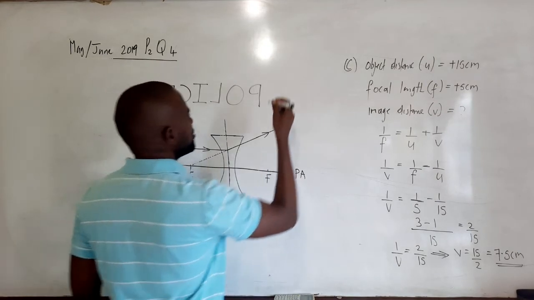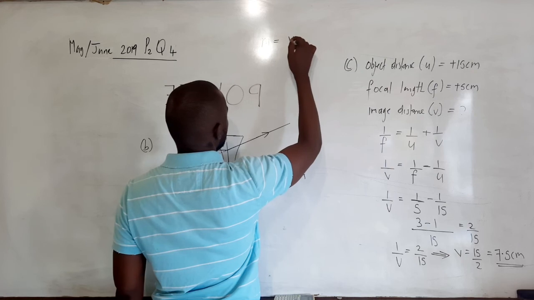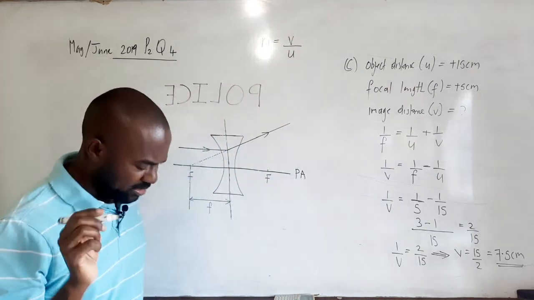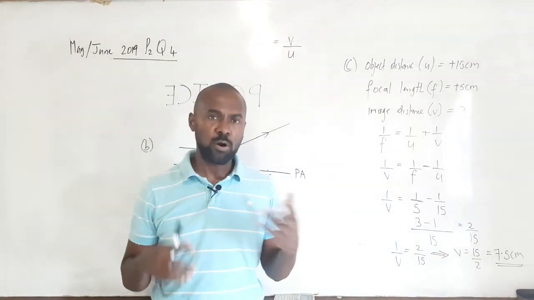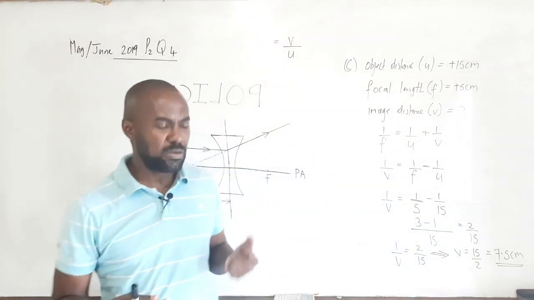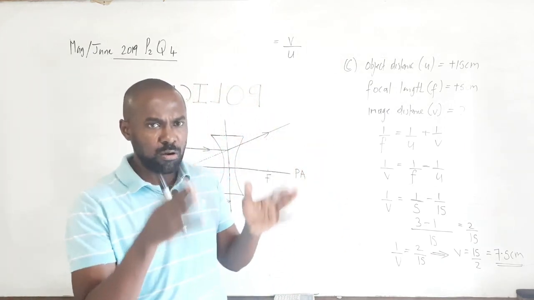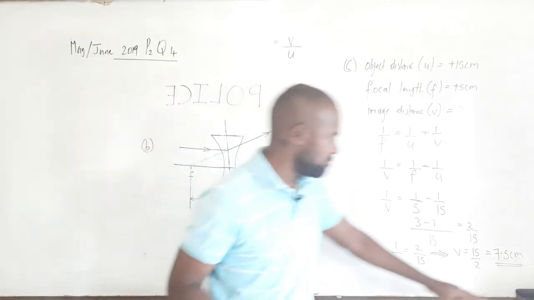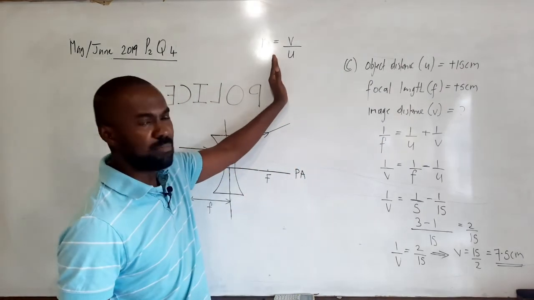So the magnification M is equal to the image distance V divided by the object distance U. Now bear in mind, I just said that when you do a question, the image distance may actually work out to be negative. However, whenever we're using it to calculate magnification, we just use the magnitude, the absolute value. So even if the image distance had worked out to be minus 7.5, we would still use 7.5 when calculating the magnification.